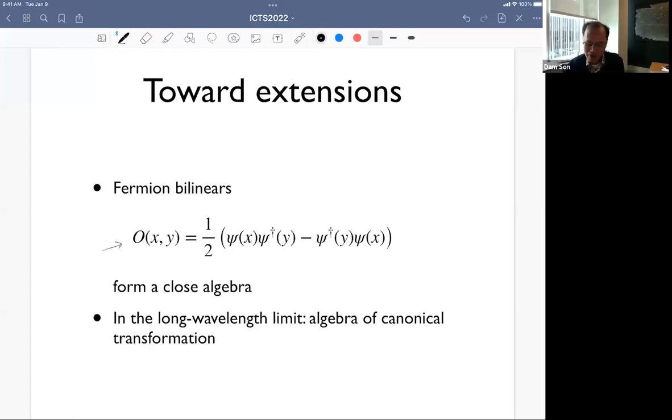This operator forms a closed algebra if Psi and Psi-dagger commute canonically. In the long wavelength limit, this algebra is the algebra of canonical transformations. But if we go away from the long wavelength limit, we get Moyal brackets instead of the Poisson brackets.